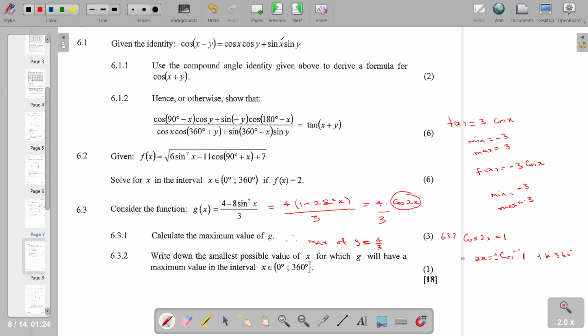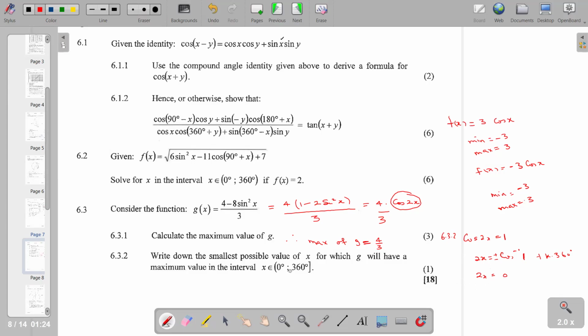Or by taking from the graph, where is the graph of cos equal to 1? We know here our answer, 2x is equal to 0.